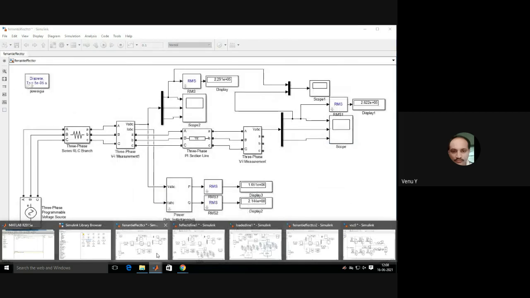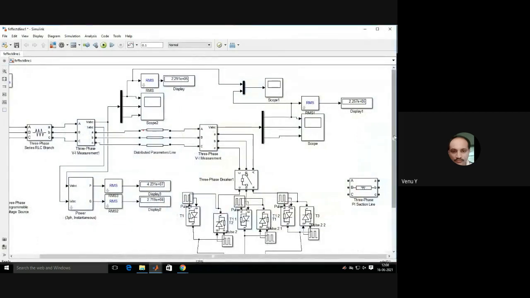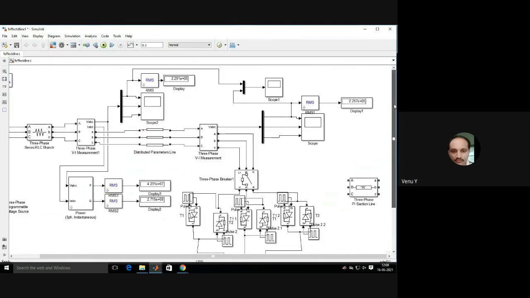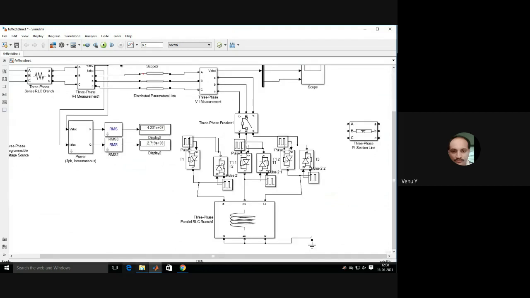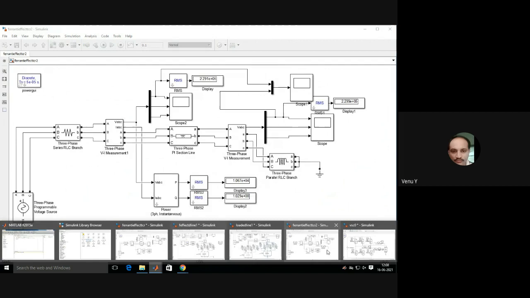Thyristor controlled reactor. So this is the thyristor controlled reactor, okay, with the distributed line.